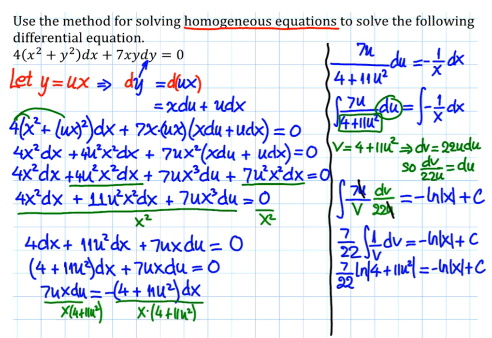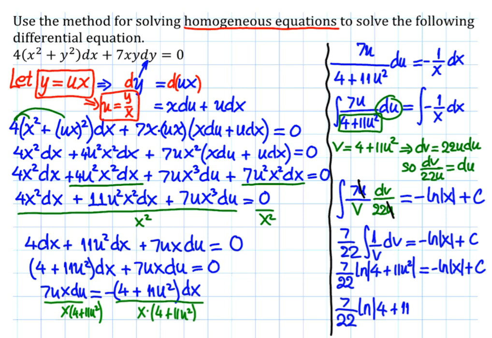Now all we need is to move everything to one side and equal to c. c is on the right side. So I will write 7 over 22 ln of 4 plus 11u squared. We need to solve for u. Earlier we have y equal to ux, so it is very easy to see that u is equal to y over x.